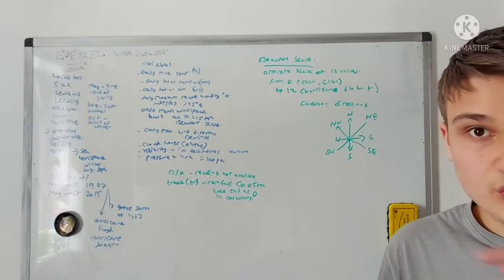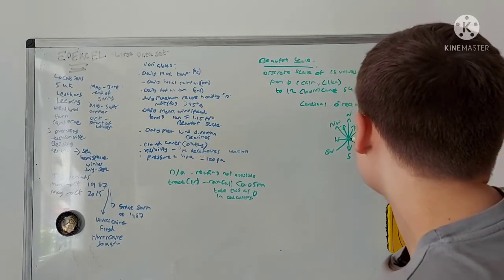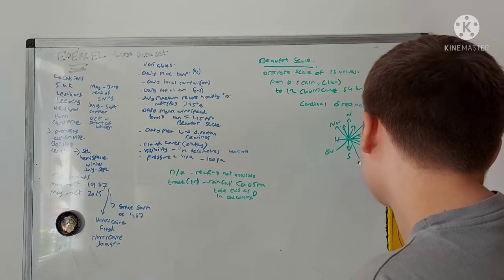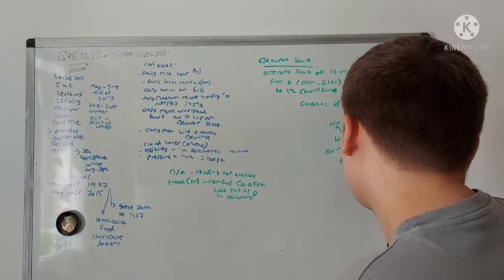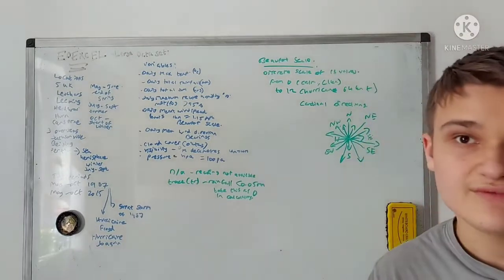But then we can have other ones. So we can have these between these two, these between these two, these between these two, these between these two, and between these two. So we can have even more.